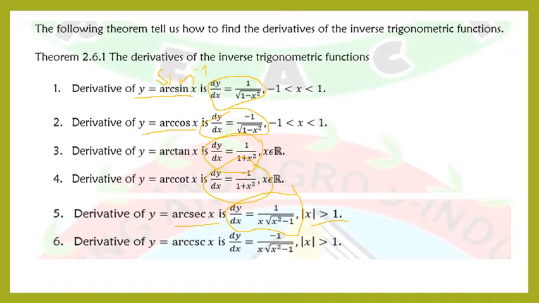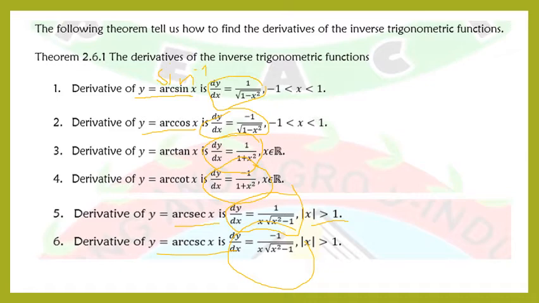The derivative of arc cosecant is dy over dx equals negative 1 over x times the square root of x squared minus 1, where the absolute value of x is greater than 1. So arc secant x and arc cosecant x have the same derivative, but the one for arc cosecant x is negative, which means only three formulas need to be familiarized here.